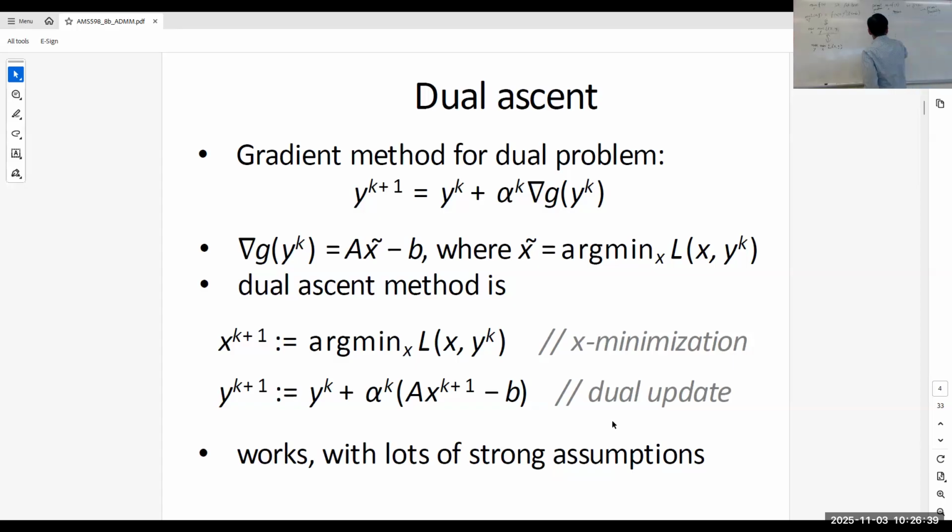So I want to get into this concept of a primal problem and a primal feasibility condition.